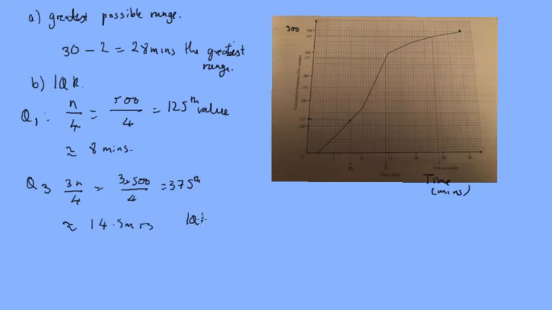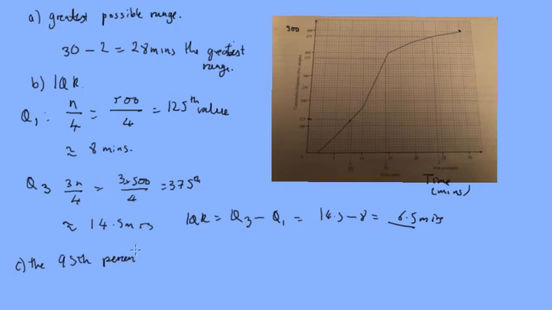So the interquartile range is going to be Q3 minus Q1, which is 14.5 minus 8, which is 6.5 minutes.